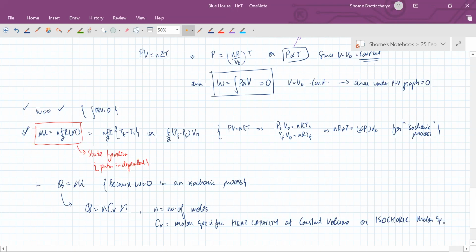So we'll look at a word definition of it also, but first note this down.